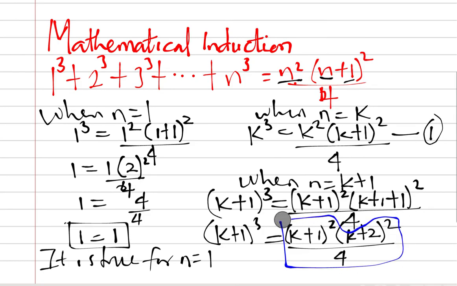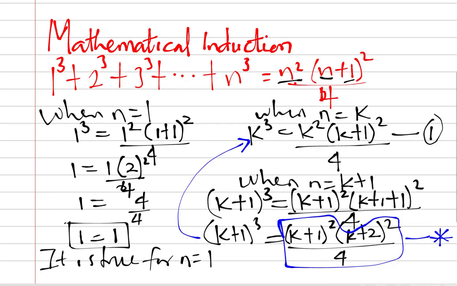So what I will do now is add k plus 1 raised to power 3 to both sides of this equation 1, and I will make sure that I get this equation star. I get what I'm saying now. So once I get this equation star, then it is mathematically true.